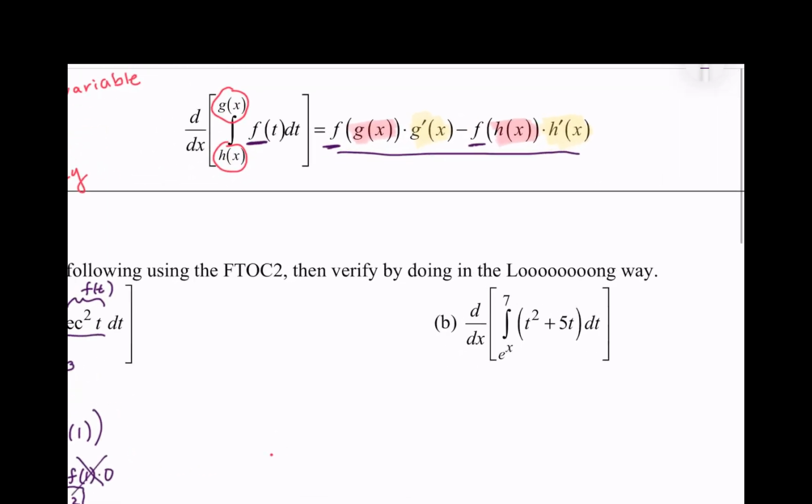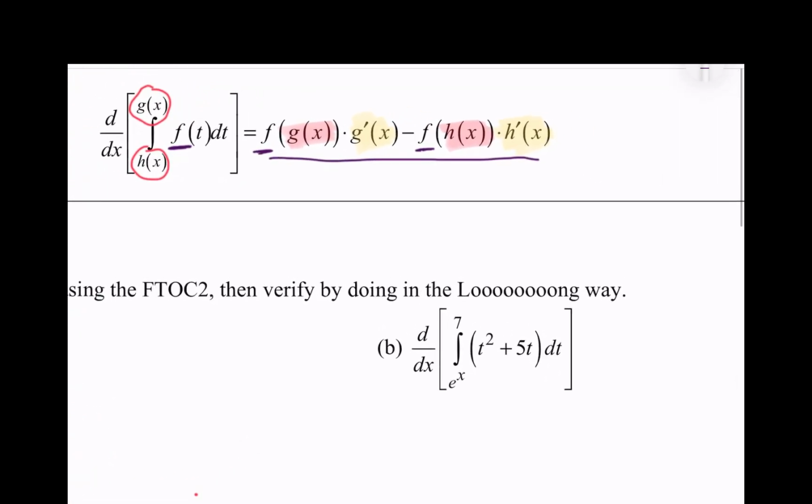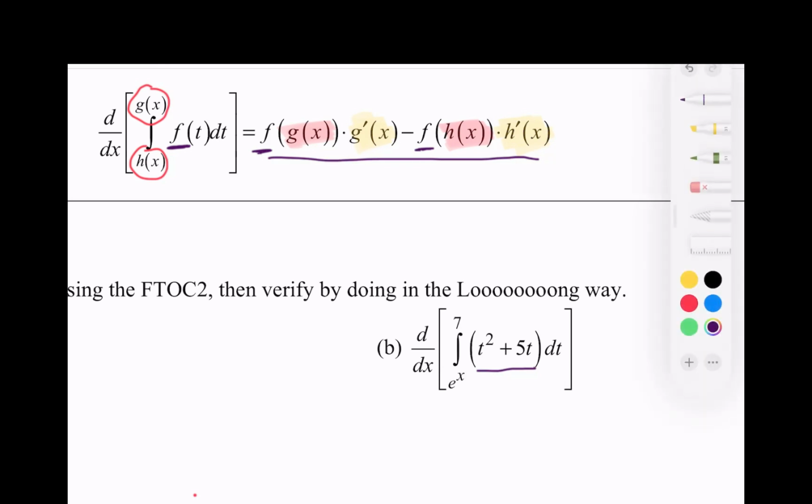So instead of doing it the long way, I'm just going to apply this definition that I'll keep on the screen right there. Okay, so here's my f, and I will highlight in red my bounds that I've got to plug in, and then in yellow I'll do my chain rule. Okay, so I've got to plug in 7.